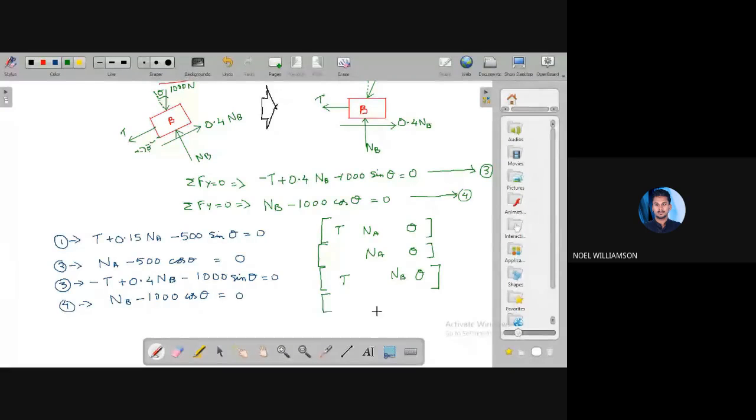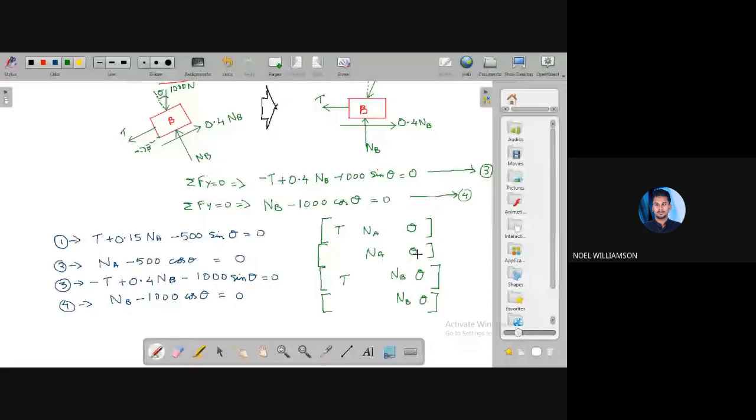And for the last one, it is NB and theta. So we have got altogether 4 relations. From the first relation, the unknowns are T, Na and theta.